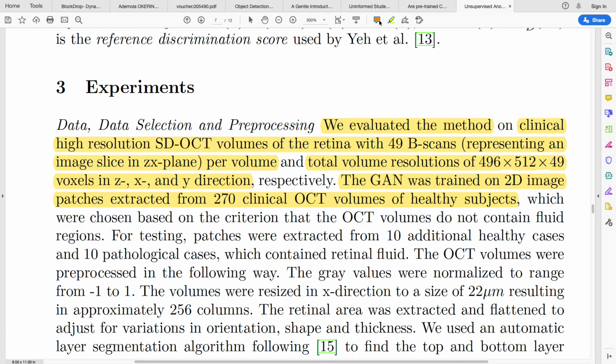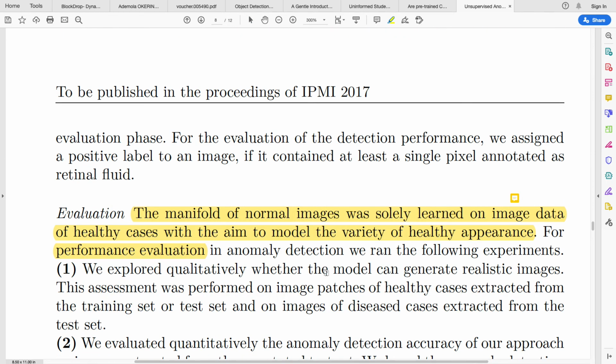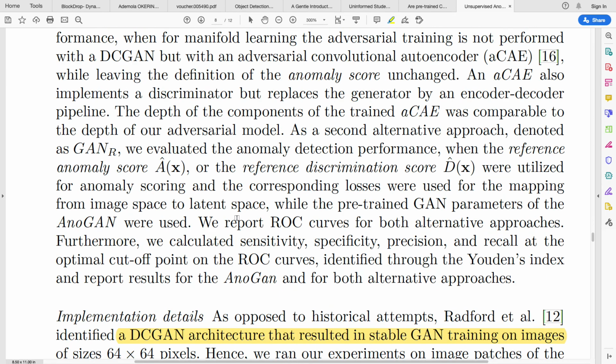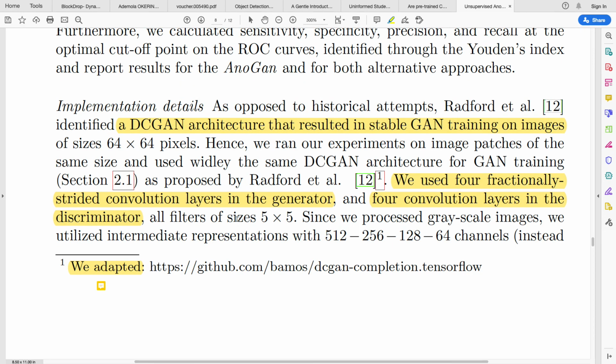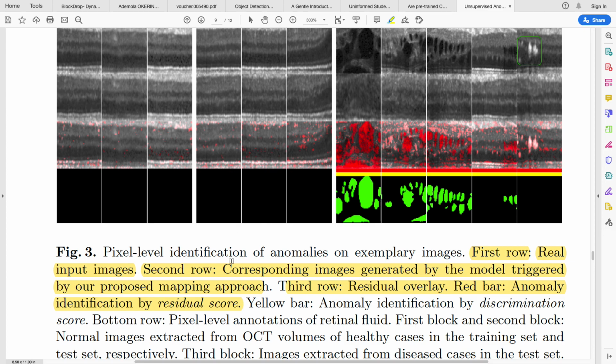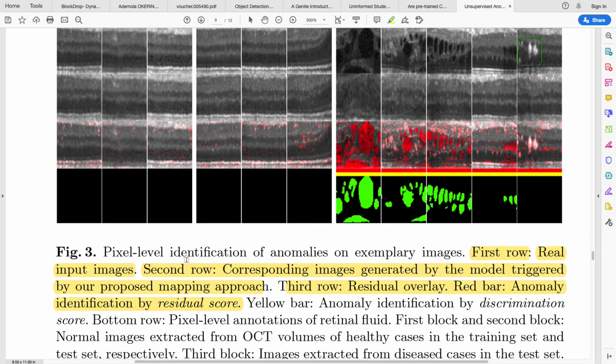So this is the data set they used to carry out the experiment, and they did evaluation and reported some metrics compared to other existing methods. We'll come back and look at these implementation details in the next walkthrough. So this is what you have here in this figure. You will see in this figure we have the pixel-level identification of anomalies on exemplary images.